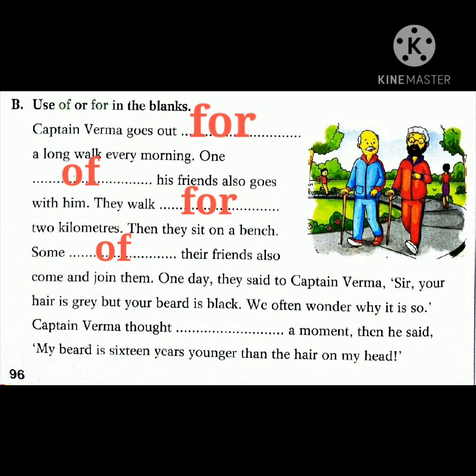One day they said to Captain Verma, "Sir, your hair is grey, but your beard is black. We often wonder why it is so." Captain Verma thought for a moment. Then he said, "My beard is 16 years younger than the hair on my head."